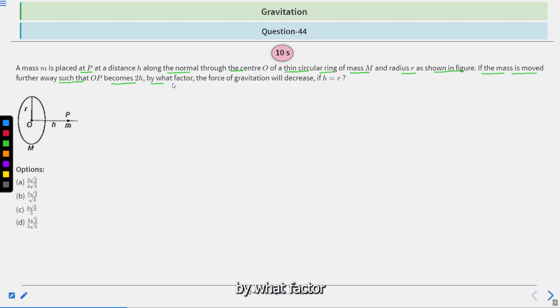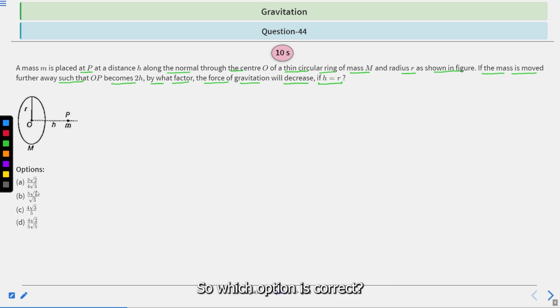the force of gravitation will decrease by what factor, if H equal to R? The options are: option A, 3 by 4 root 2 divided by root 3; option B, 5 root 2 divided by root 3; option C, 4 root 3 divided by 5; option D, 4 root 2 divided by 5 root 5.